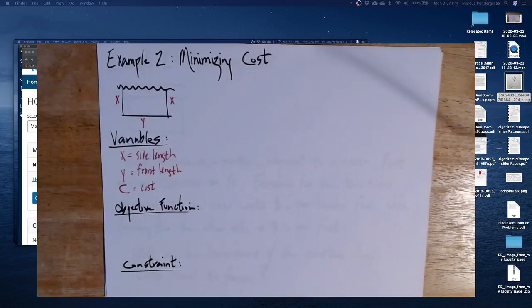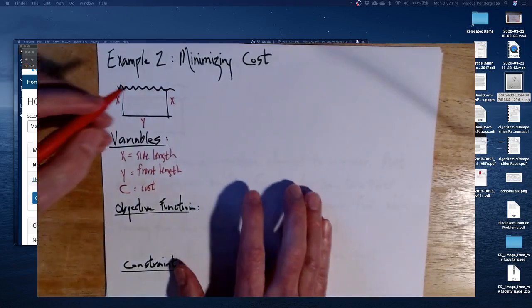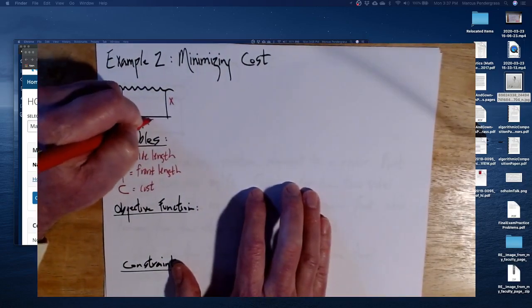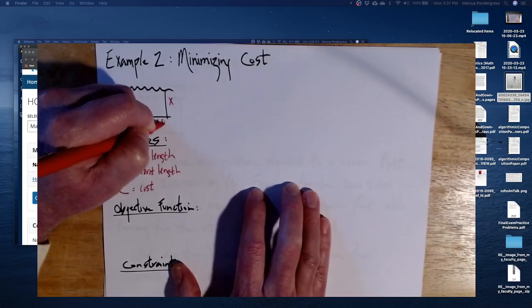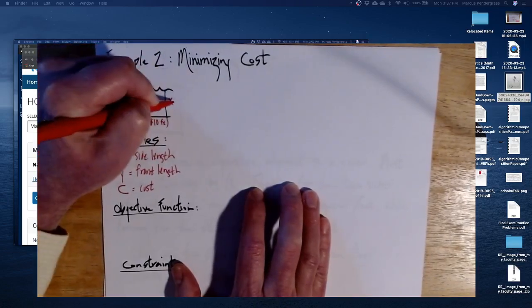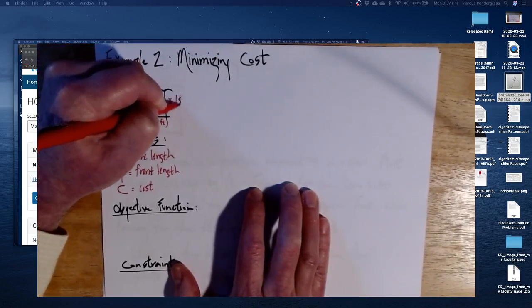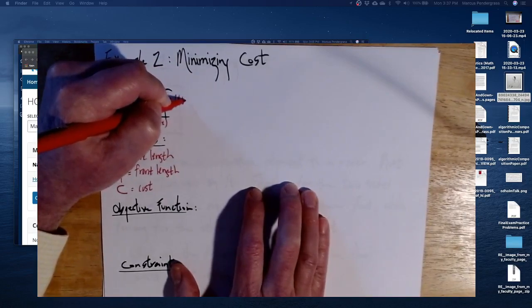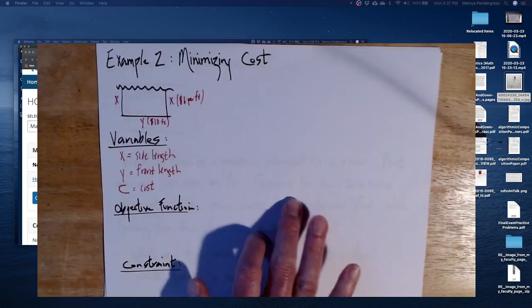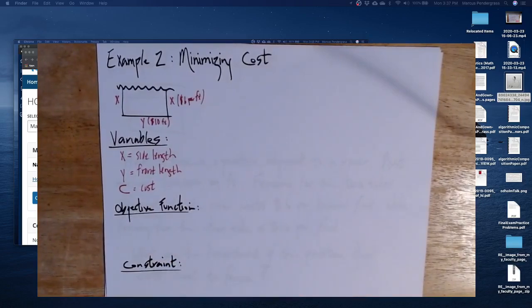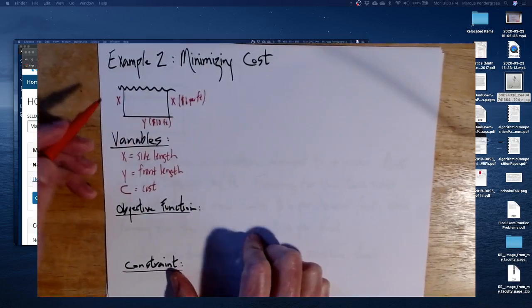Okay, now what we were told was that the fencing for the front was $10 per foot, while the fencing for the sides was $6. So I'm just going to make that notation up there. And that's going to be important in putting together our objective function.